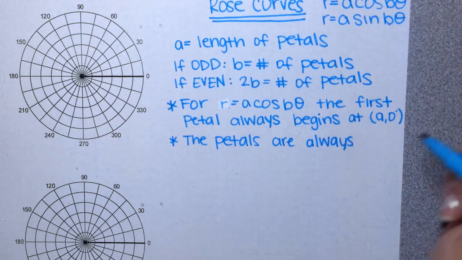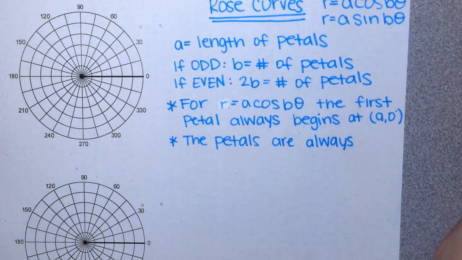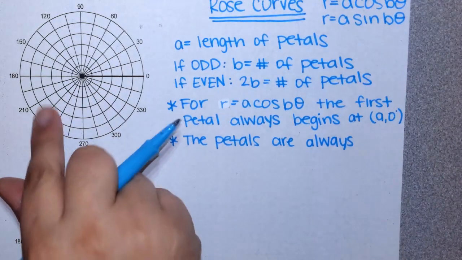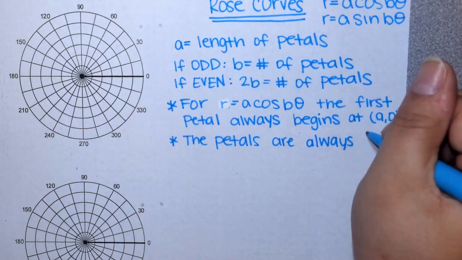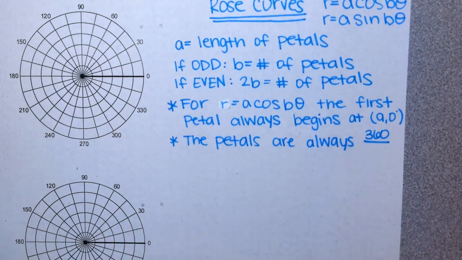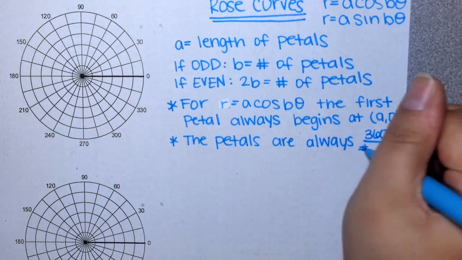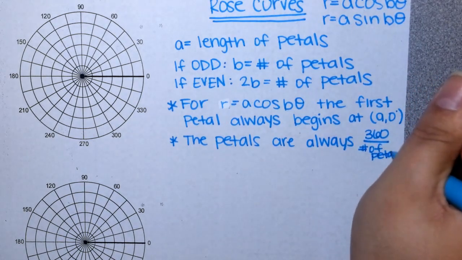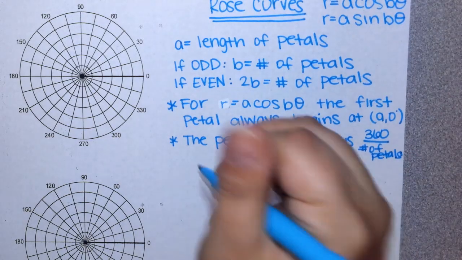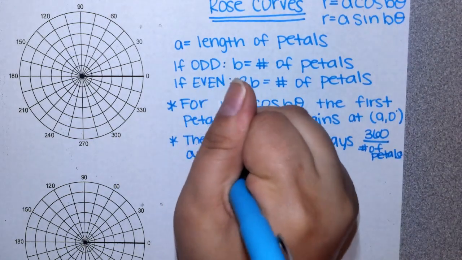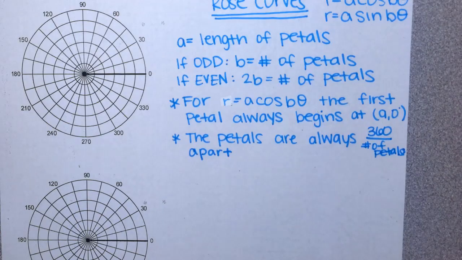How could you determine how far apart each petal is from each other? What do we know about the whole graph? It's a circle. What do we know about a circle? Rotation. It's 360 degrees divided by the number of petals. Y'all, A is the length. So the petals are always 360 divided by the number of petals apart.